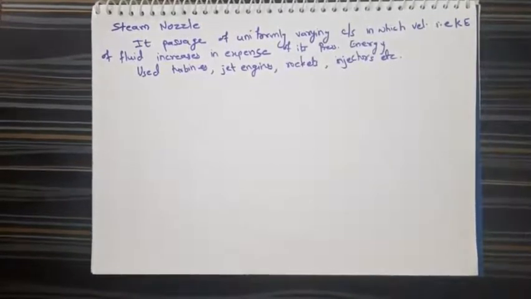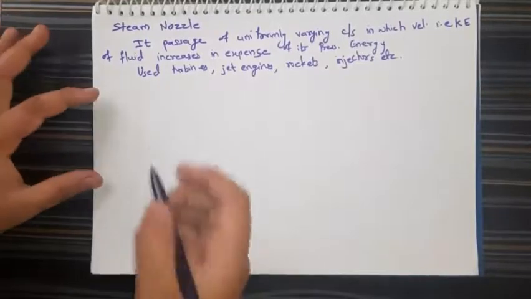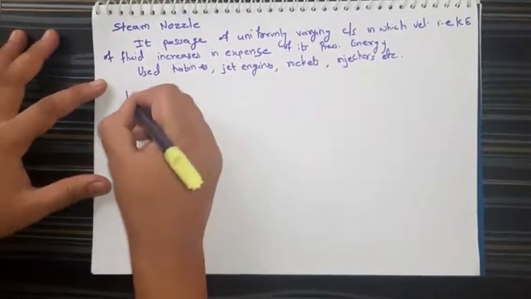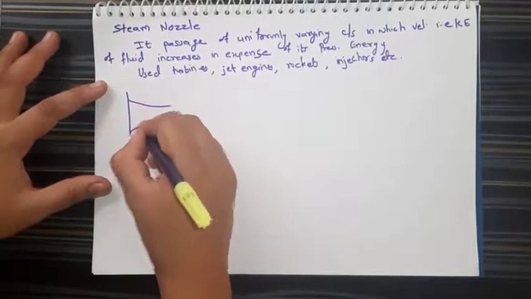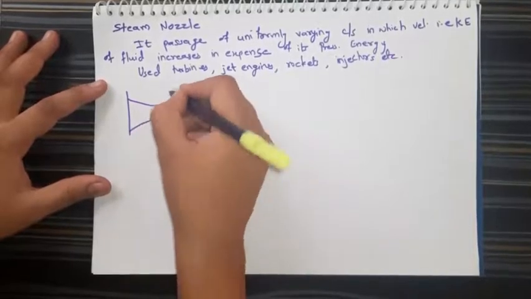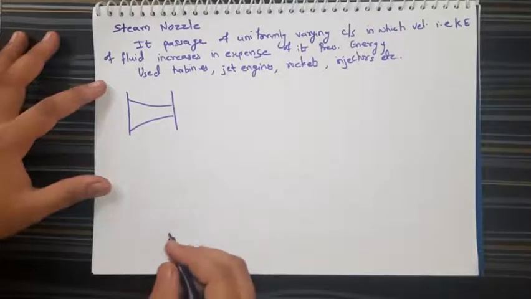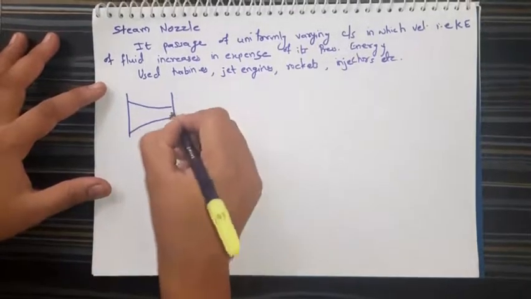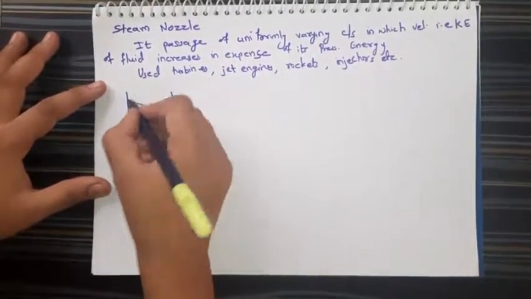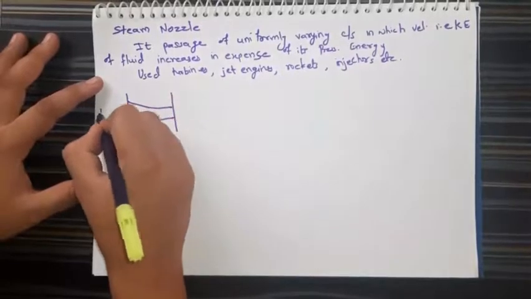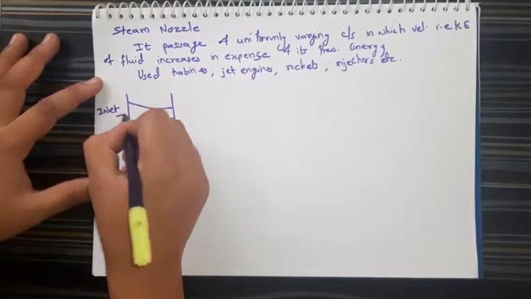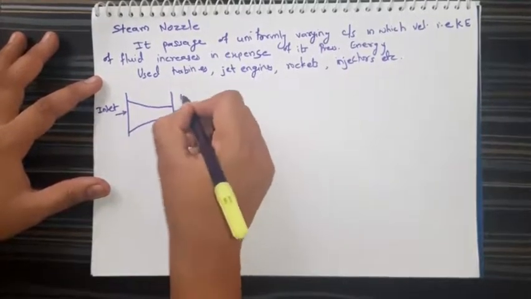Let's see a simple schematic of the nozzle. So here you can see a gradually varying cross section is there. So here is the inlet and this is the exit.